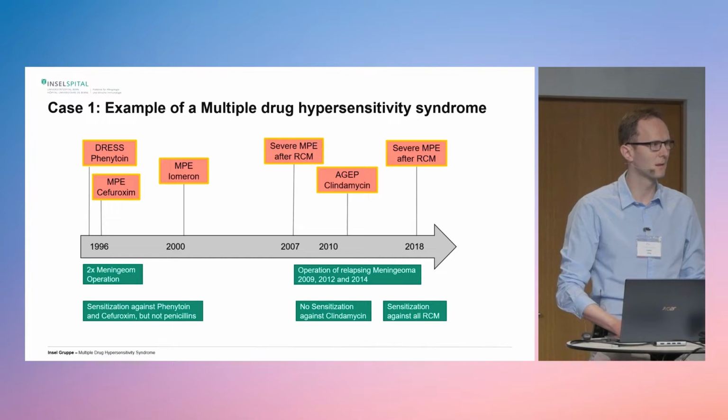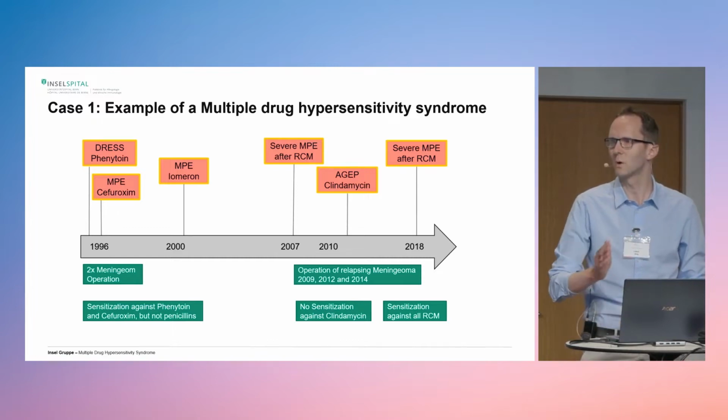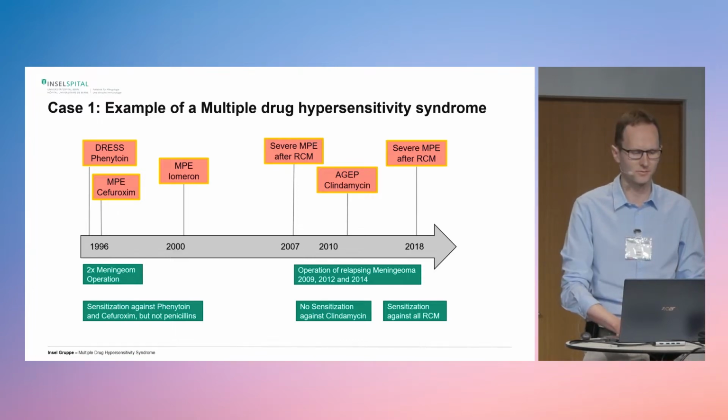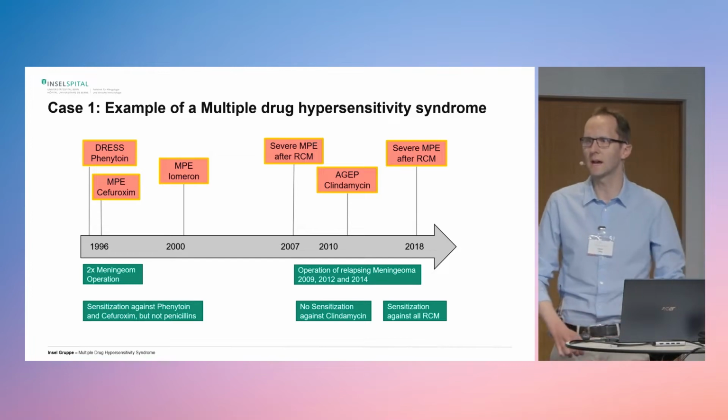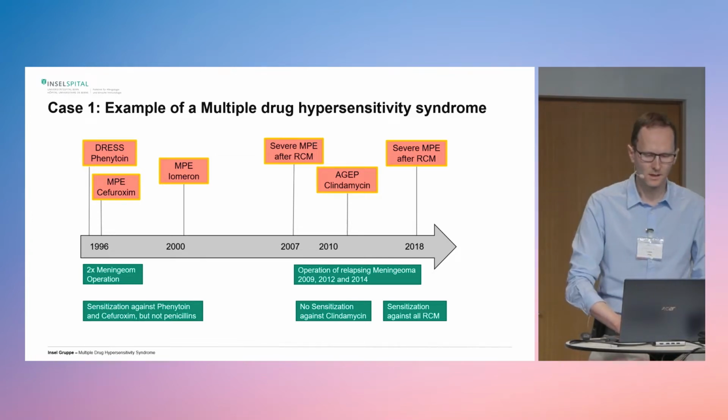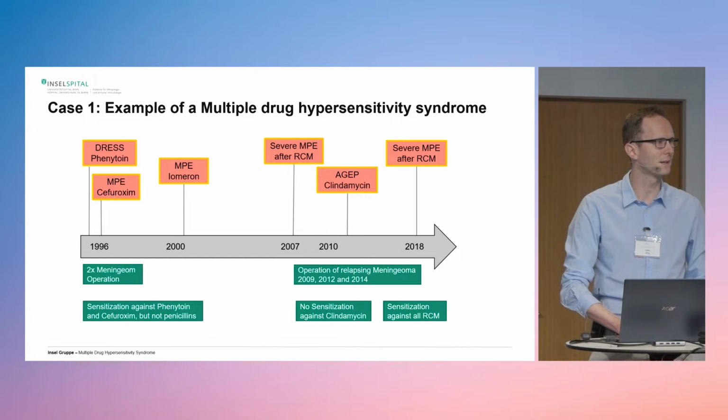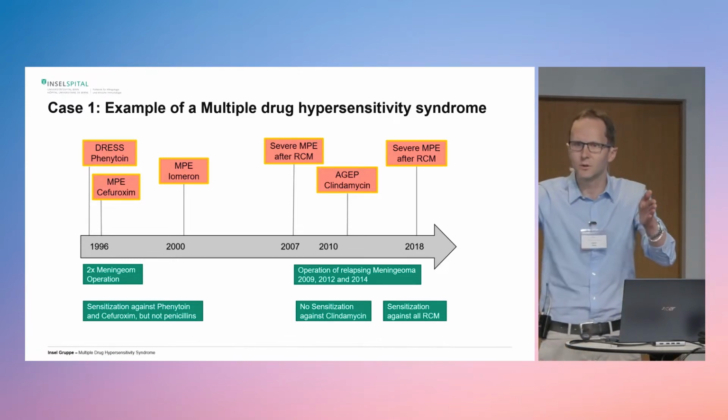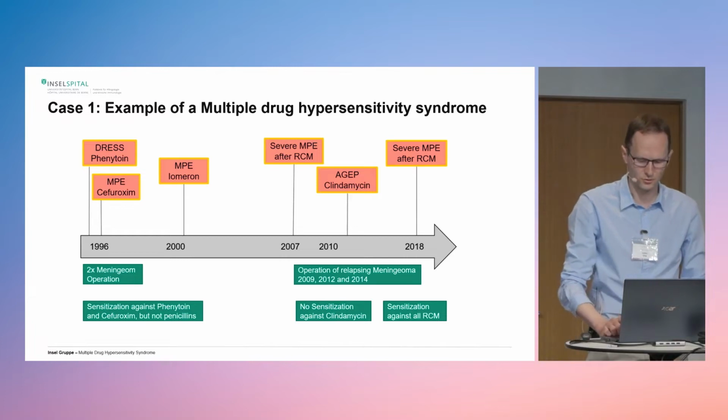From this point on, he developed one drug hypersensitivity reaction after the other. Over a very long time, he had MPE to cefuroxime, then radiocontrast media, multiple reactions, then interestingly, AGEP to clindamycin. At the end, he did not tolerate any radiocontrast media, so he was sensitized. Over the years, he was sensitized to all these drugs.